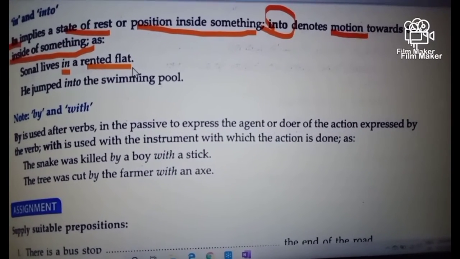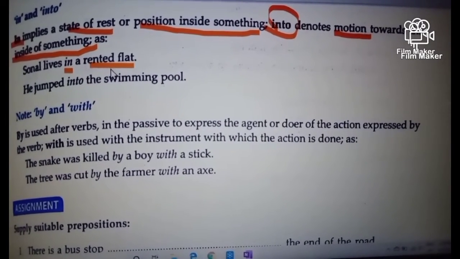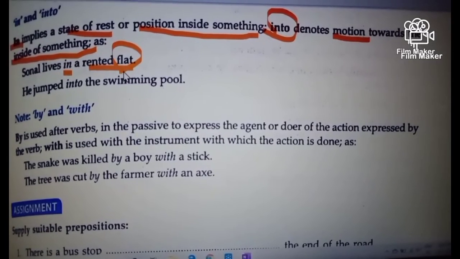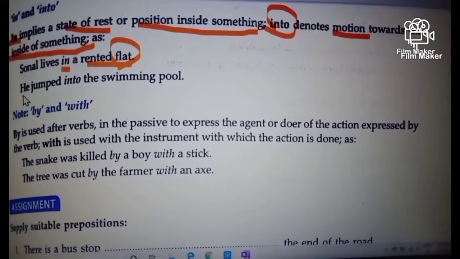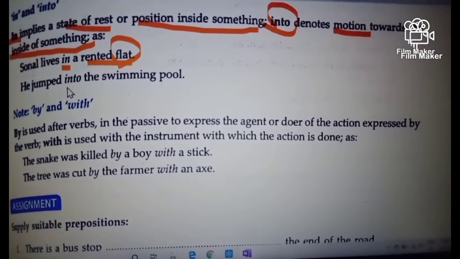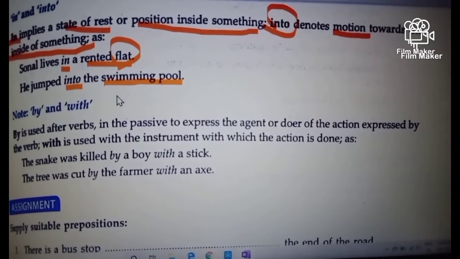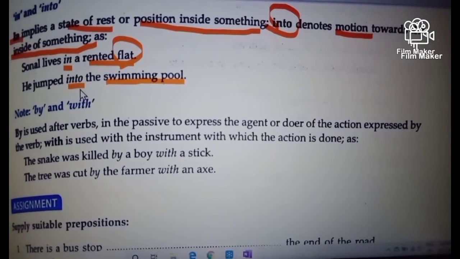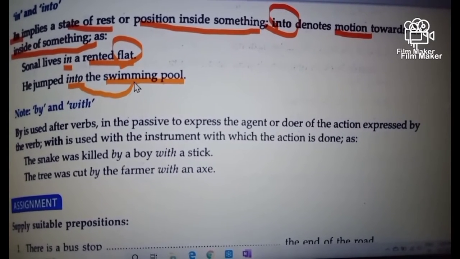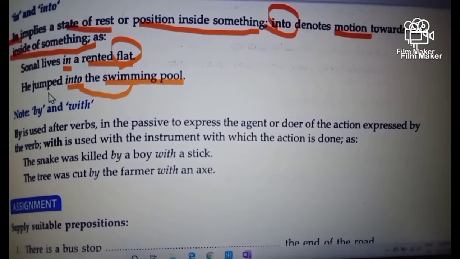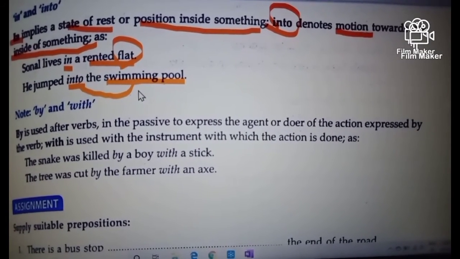A state of resting of Sonal, or position inside of something, that is in the flat. Talking about into, to get to the example, he jumped into the swimming pool. This is used to show the action of jumping into the swimming pool. So it just refers to inside of something. That's a slight difference between in and into.